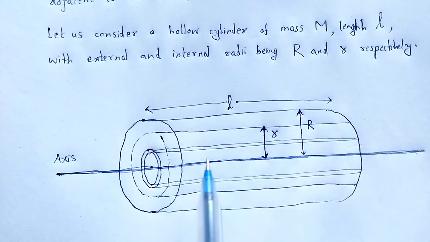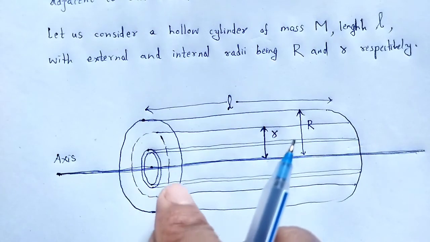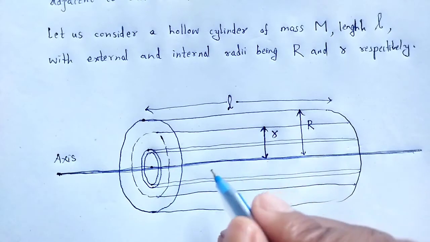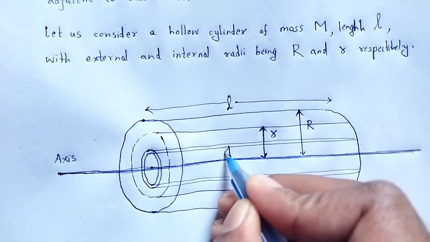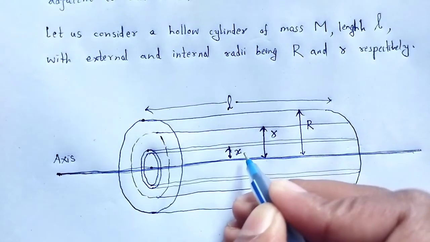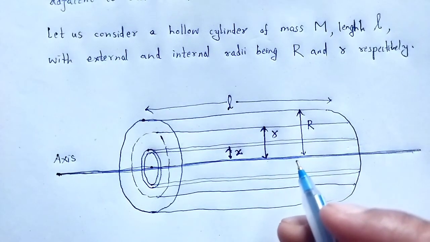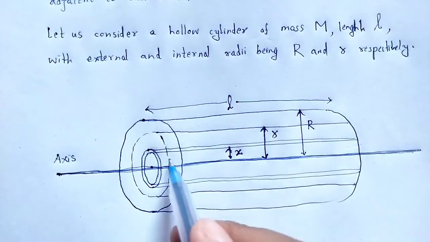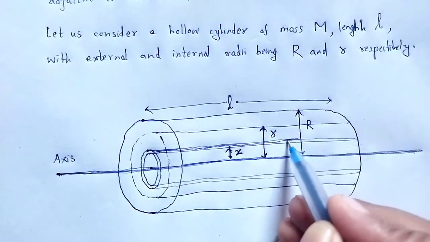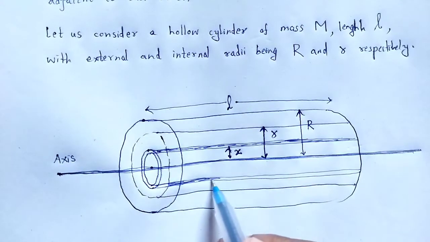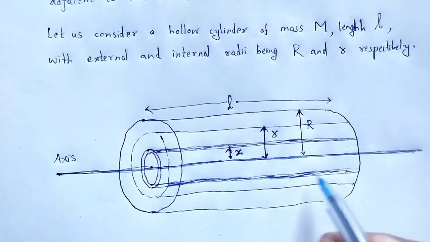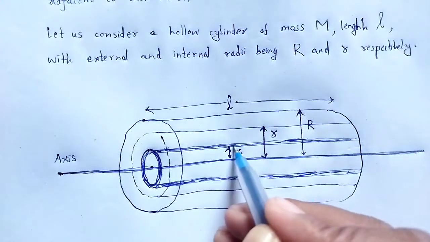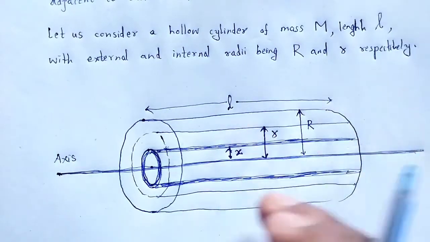We take an elementary portion of the hollow cylinder, that is the thin annular disc, at a distance of x from the axis. This is the thin annular disc portion.